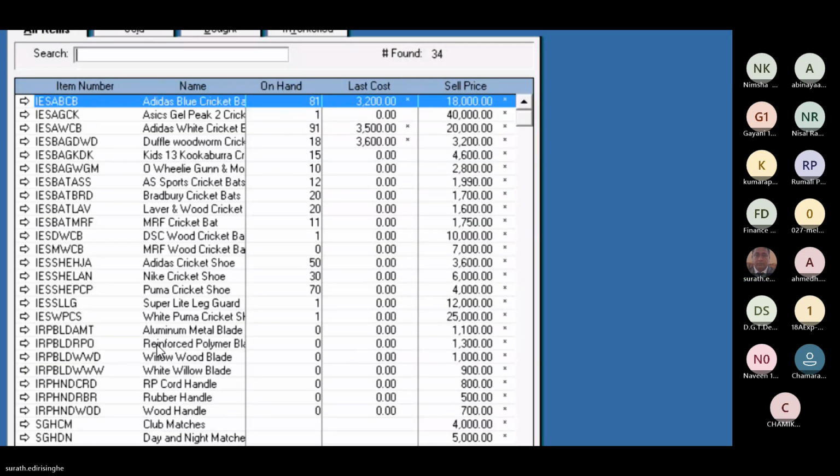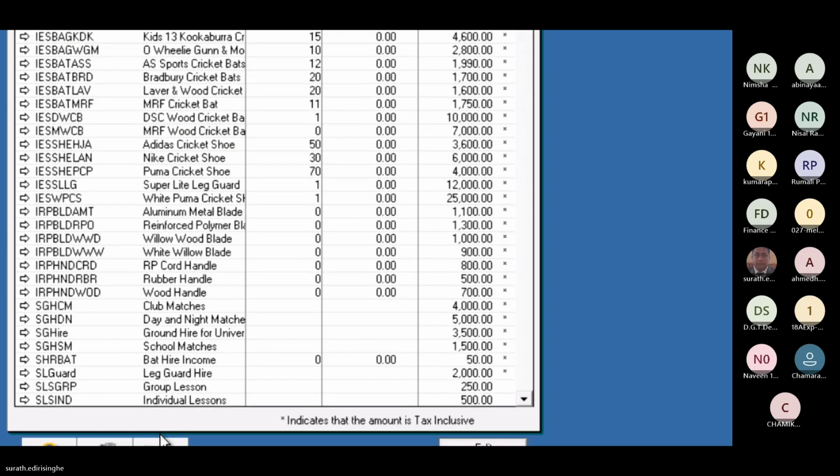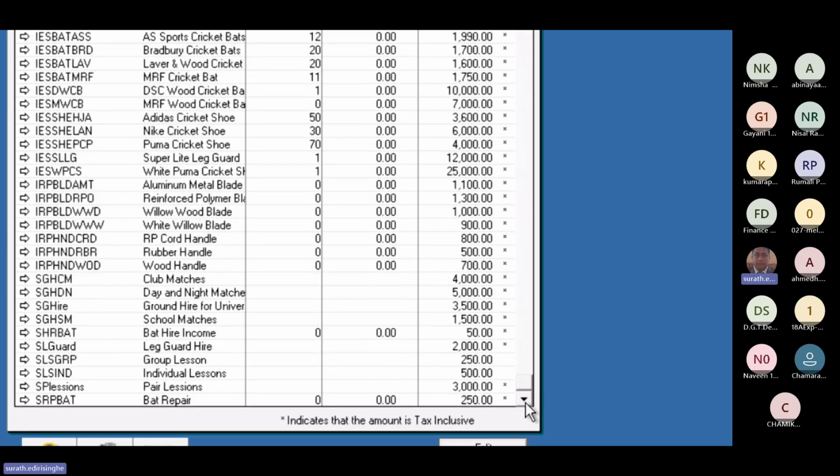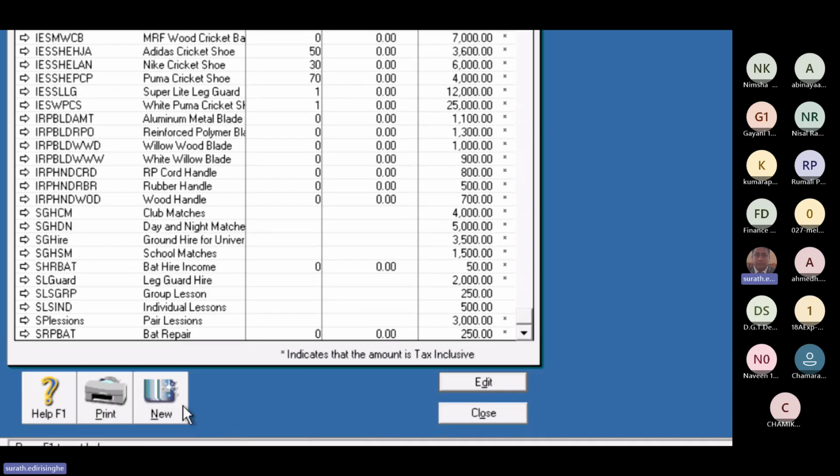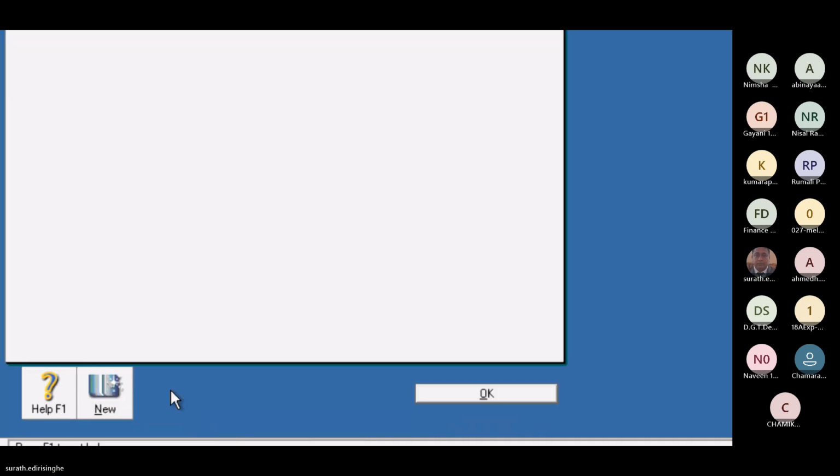No. Fortunately, no tractor item is there. Right. Now, click here, item, new. Very important transaction.